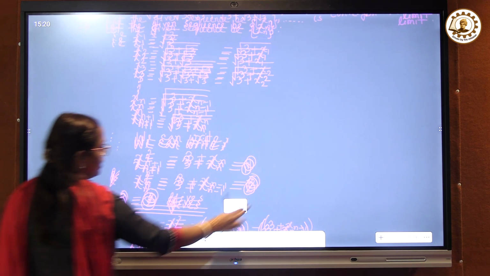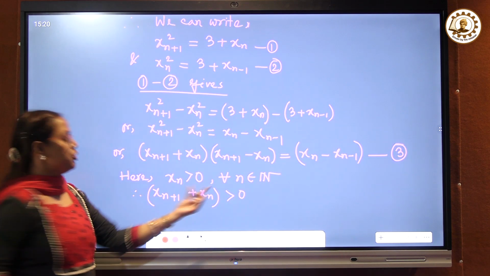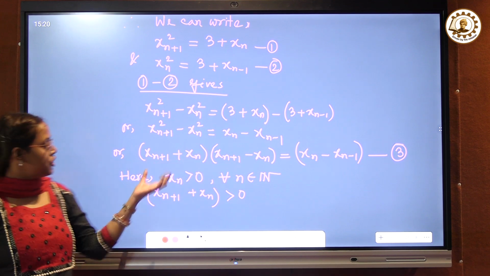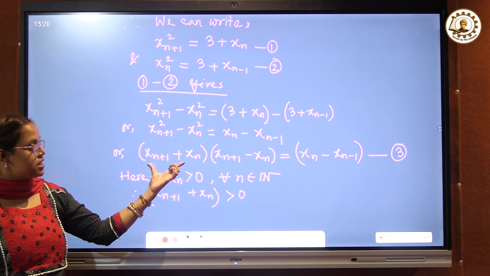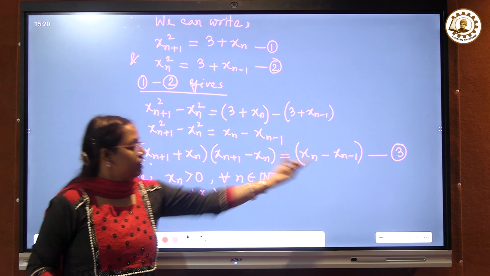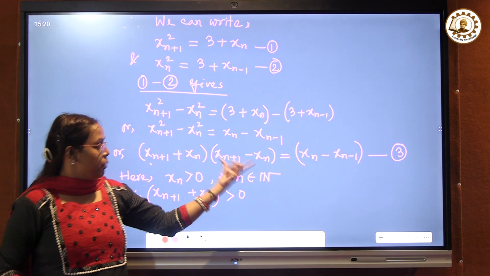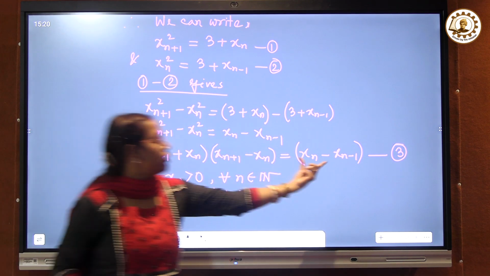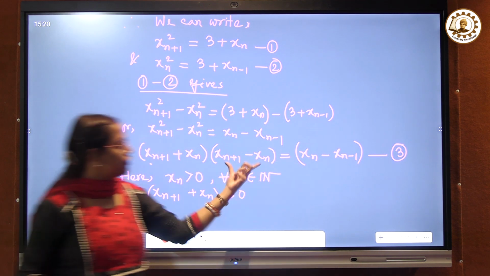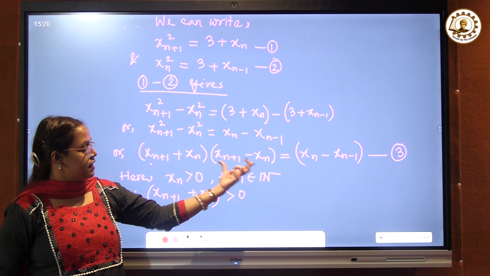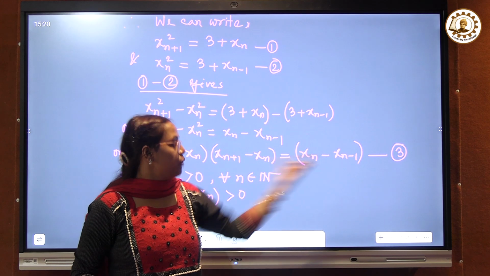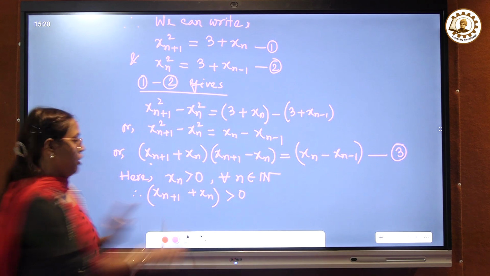That means we can write xn greater than 0 for all n belonging to N. So in equation 3, the first part is positive. Now the second part can be positive or negative. If the second part is positive, then the whole product, which is equal to the right hand side of equation 3, must be positive. And if the second part is negative, then the right hand side will be negative. Now we have to check what is going on.